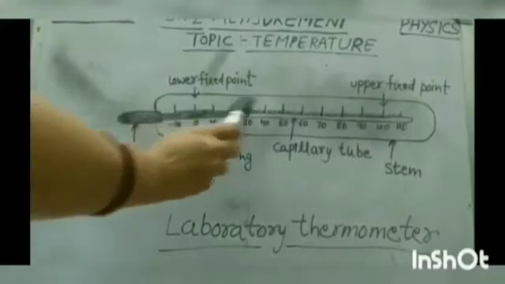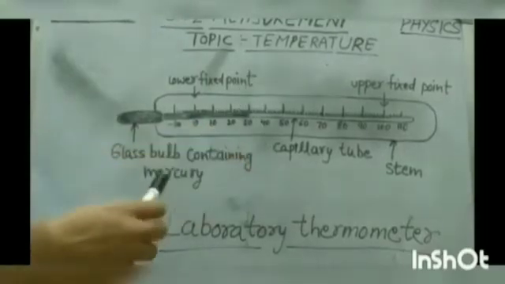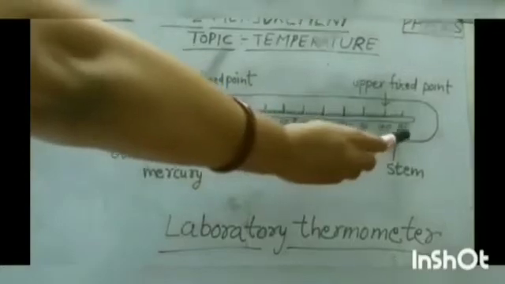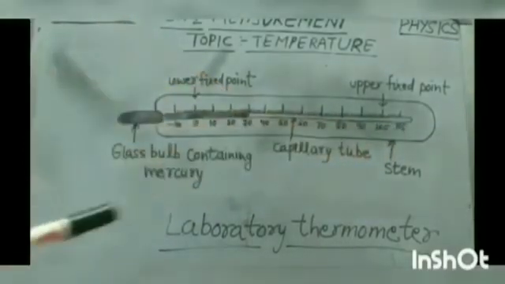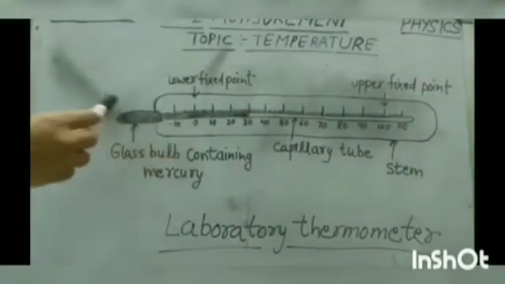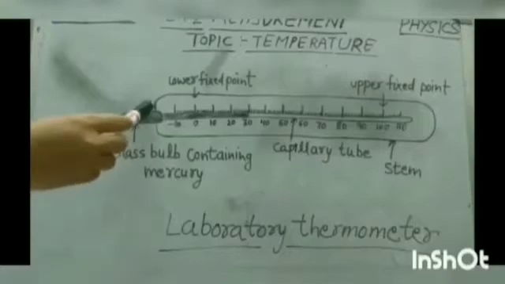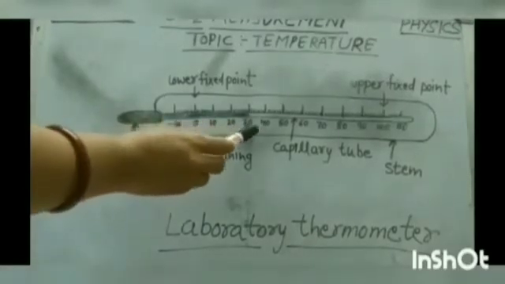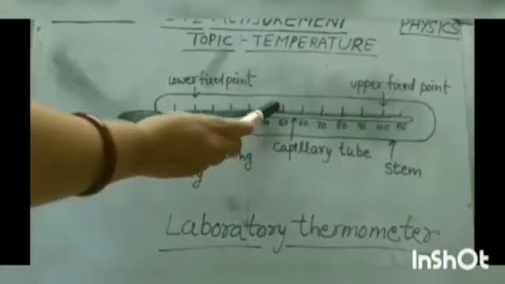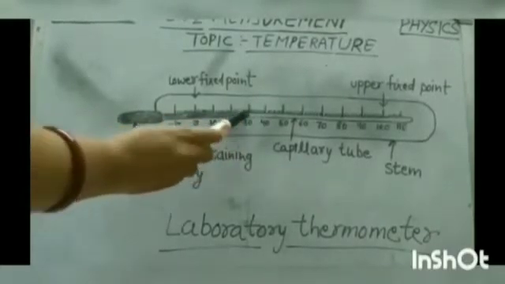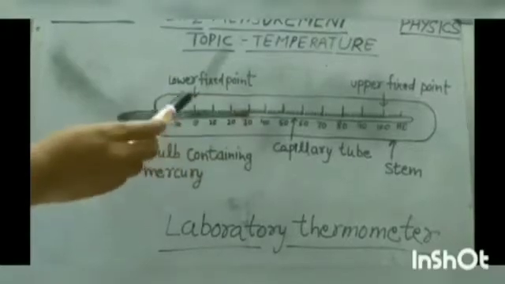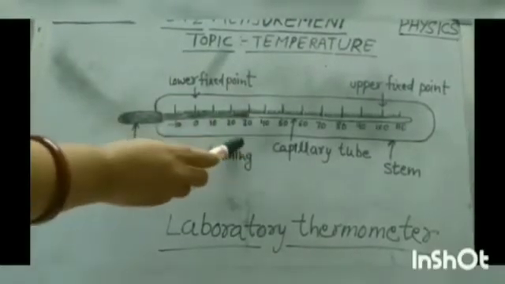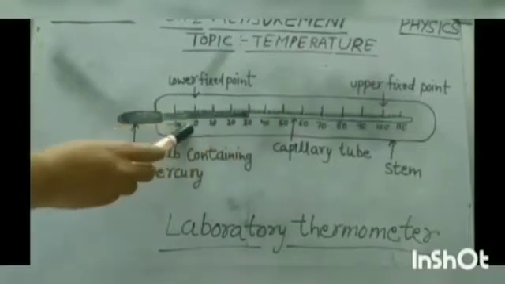The stem is marked from minus 10 degrees Celsius to 110 degrees Celsius. When the bulb of the thermometer is dipped in hot water, the mercury expands and rises in the capillary tube. When the bulb is dipped in cold water, the mercury contracts and the level falls down.